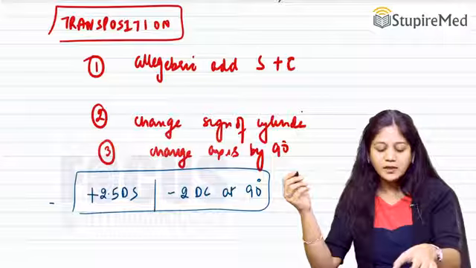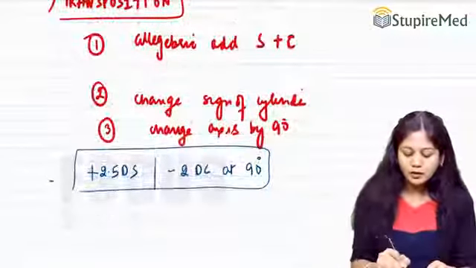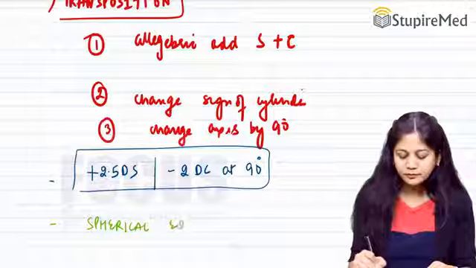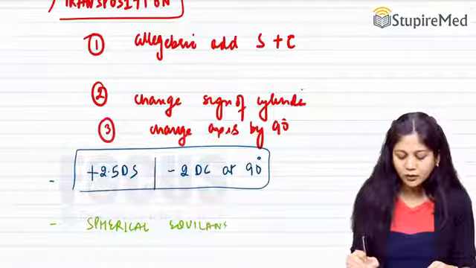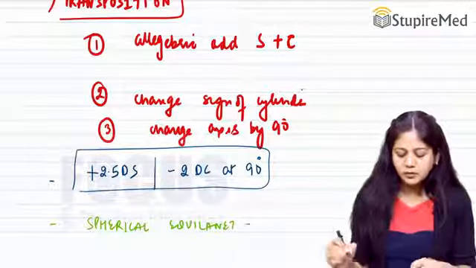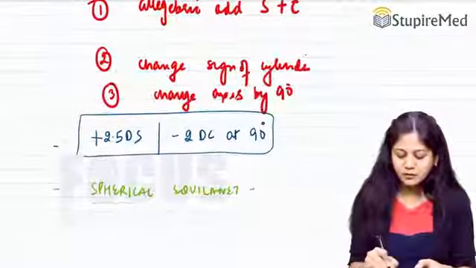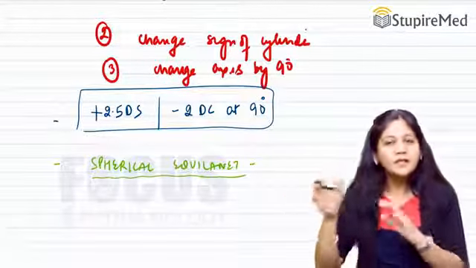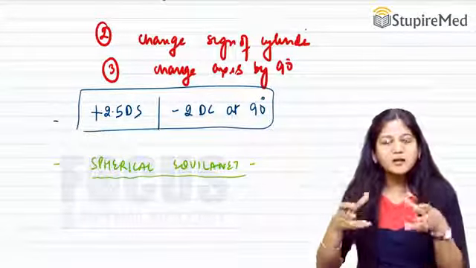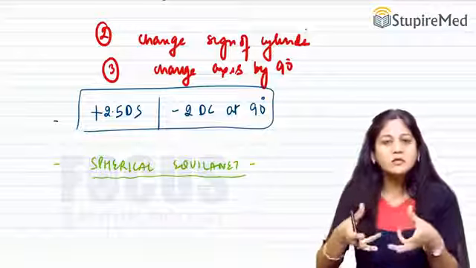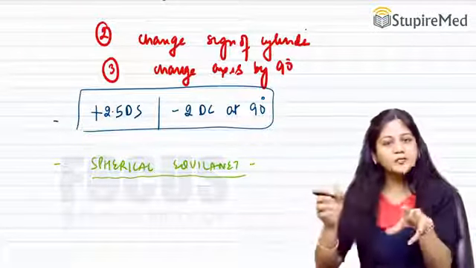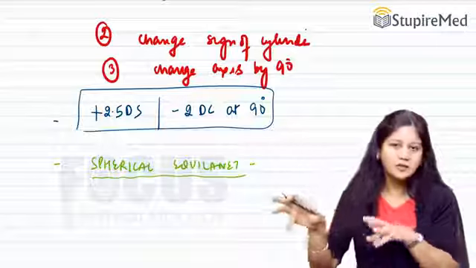Now, another thing is we can give a spherical equivalent to the patient. This spherical equivalent is nothing but the algebraic addition. This is a new sphere which would come by making an addition of the sphere and half the value of the cylinder.